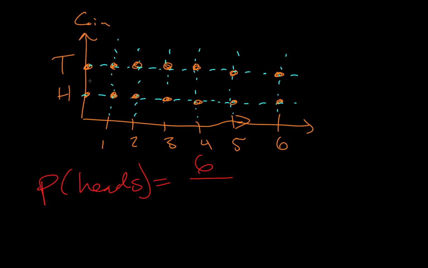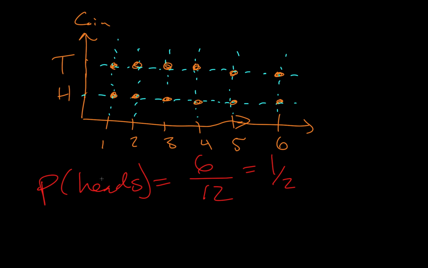If we count all the dots, not including these, I'm going to erase these because they're kind of confusing. Okay, if we just count all the dots, there's 12 dots. And so we have a 50-50 chance of flipping heads.